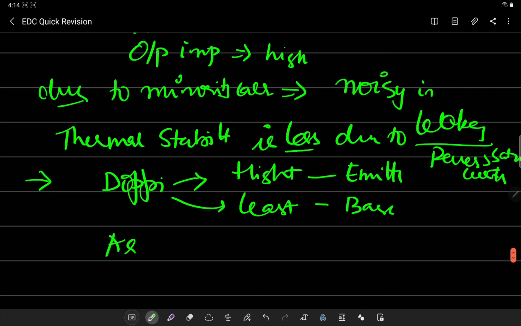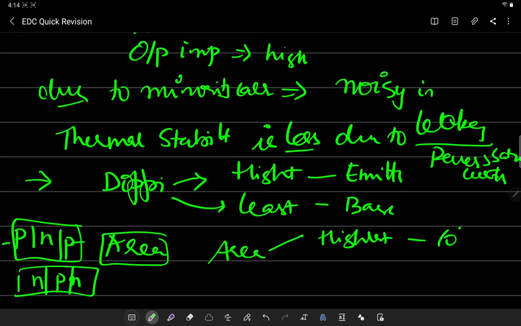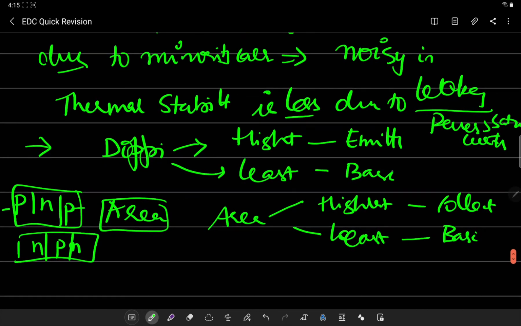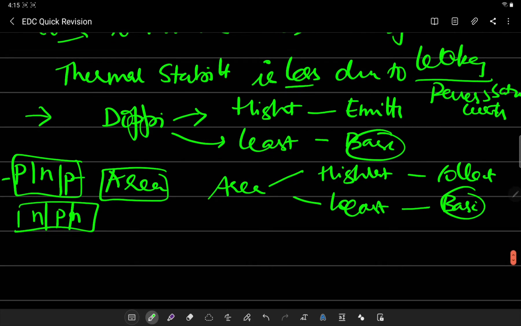When coming to area in an NPN or PNP BJT, the highest area is for the collector and least is for the base, because we have to reduce recombination.